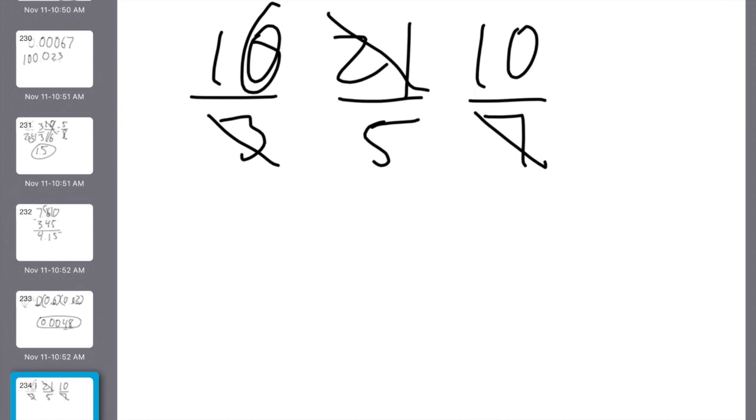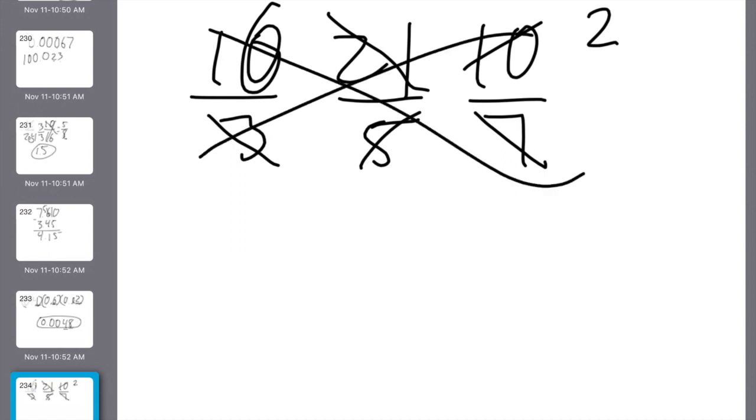I had written a 10 here instead of a 16. I'm sorry for that. Okay, 5 goes into 10 2 times. 16 fifths. What did I do here? 16. Okay, we're going to start that problem all over.